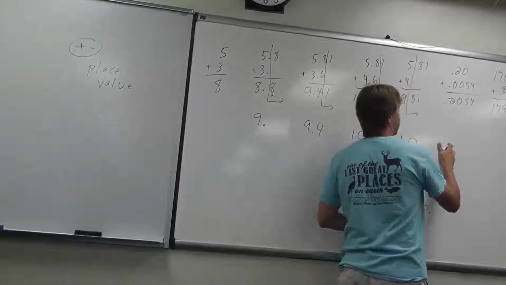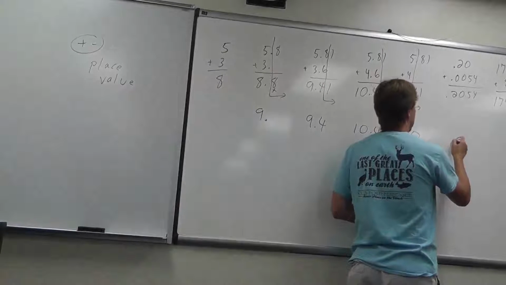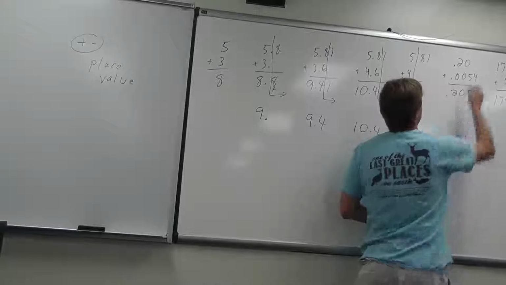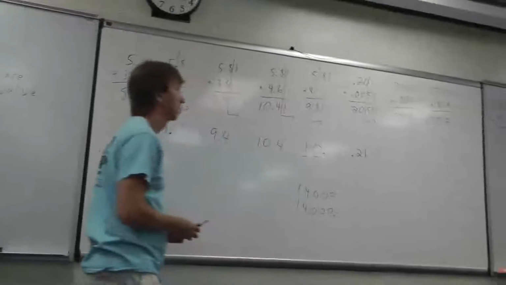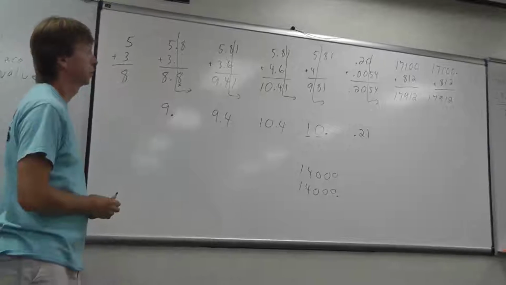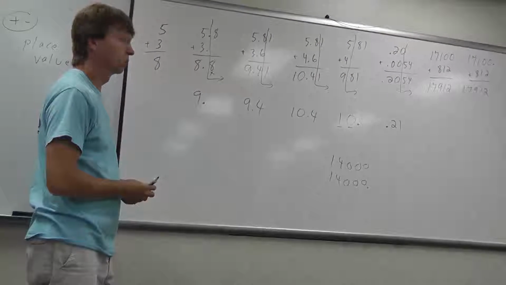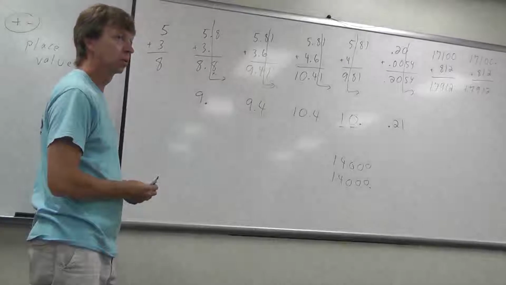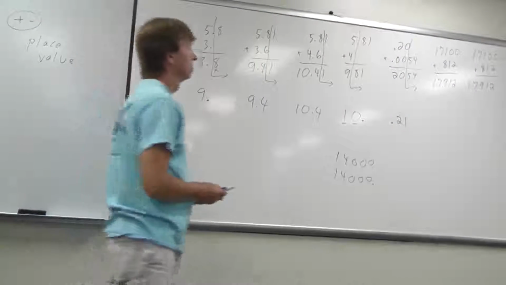Properly phrased, what's the next one? 0.21. Because we have to cut it off here, that's going to round up. 0.21 would be the answer. And the last one, how could you put the 10, because you don't know that it could be 10? You don't know that for sure.